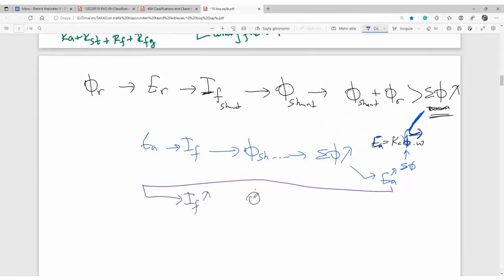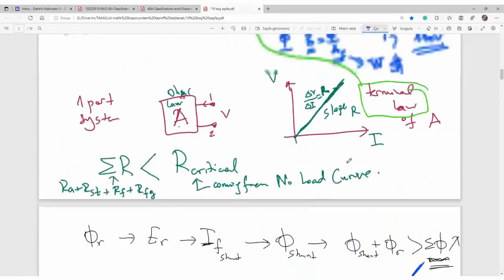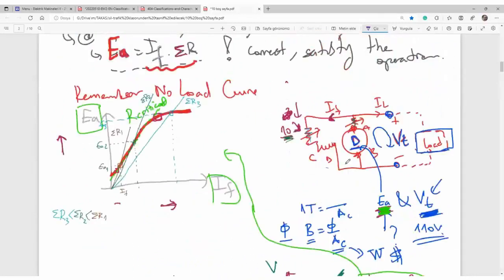It will introduce some more additional flux, and the total flux of the pole will increase. What is happening? It is positive feedback. It increases every time. Yes, but the solution is on the curve.